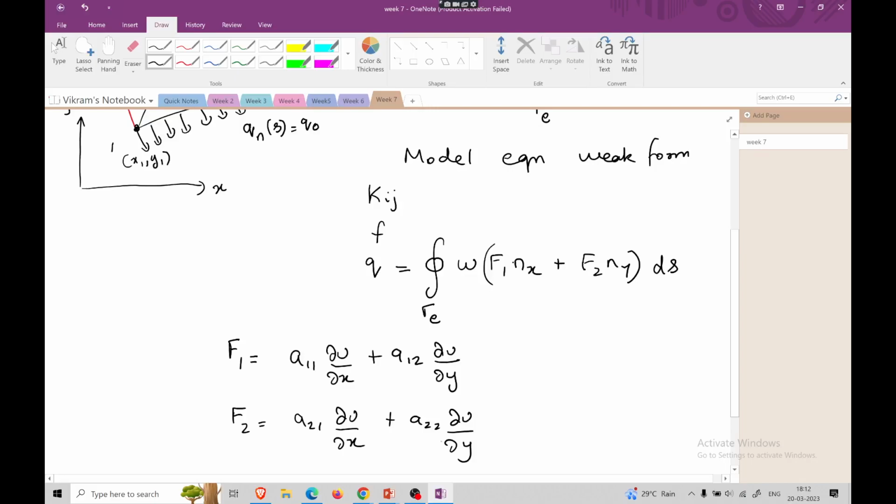If you look back at the previous lectures, we have a general differential equation of this form. Let me write that also to avoid confusion.